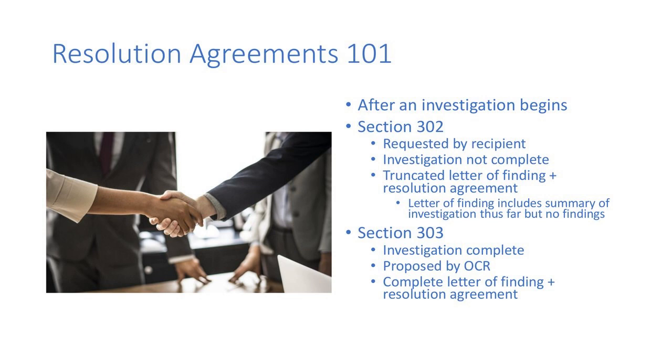OCR will monitor the school's implementation of the terms and the obligations of the resolution agreement. Now, if the recipient does not agree to correct its noncompliance with civil rights laws, OCR may initiate enforcement proceedings, but this never happens. 99.99% of the time, a school is going to agree to negotiate the resolution agreement.